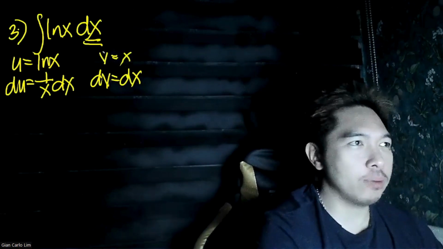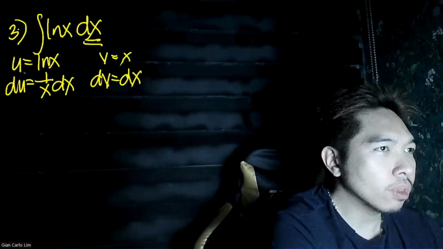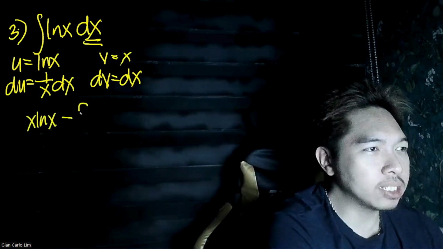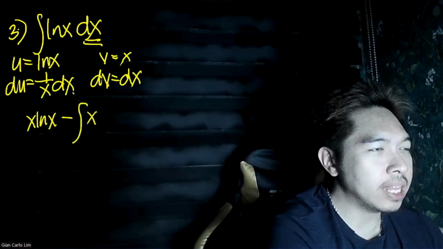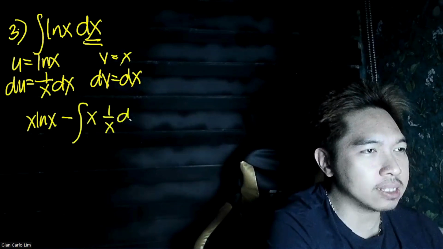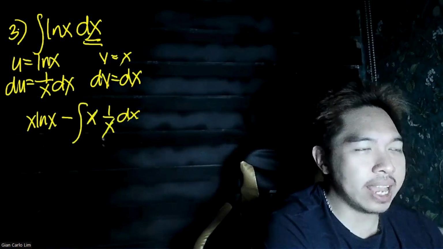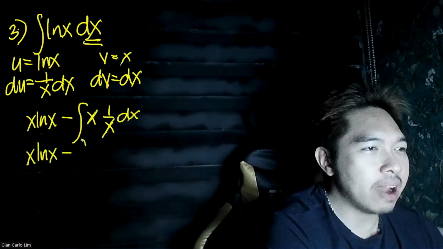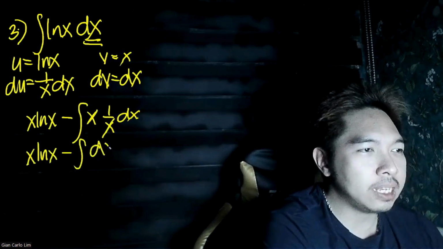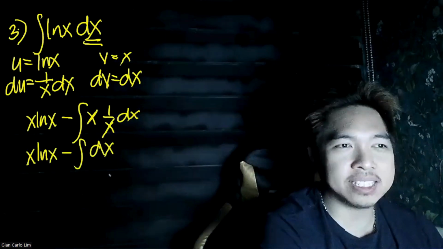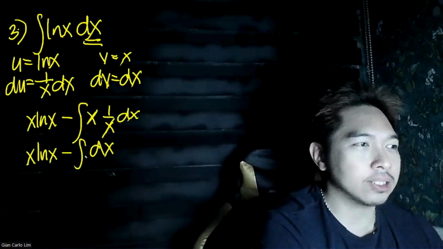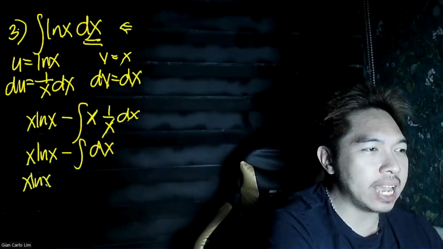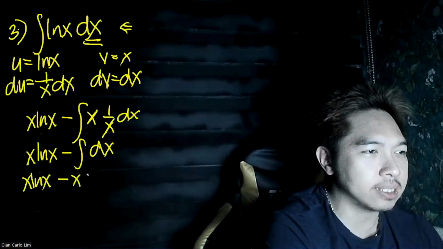So applying the formula, uv, we have x ln of x minus the integral of v, and our du is 1 all over x dx. So x and x get cancelled out. Therefore we have x ln of x minus the integral of dx. The integral of dx is simply equal to x. So the answer for this problem would be x ln of x minus x plus c.